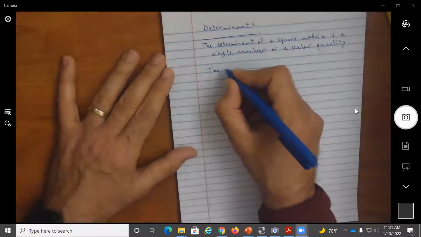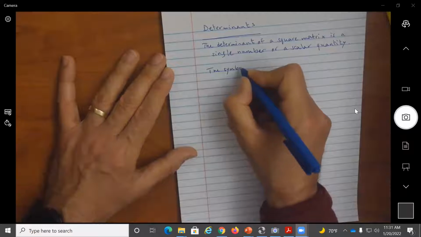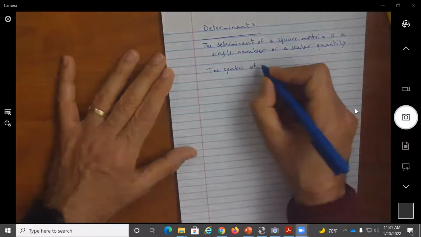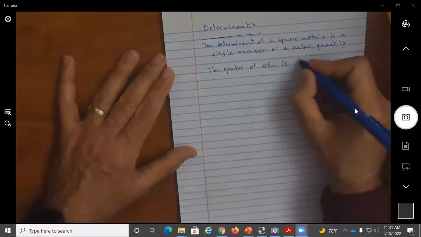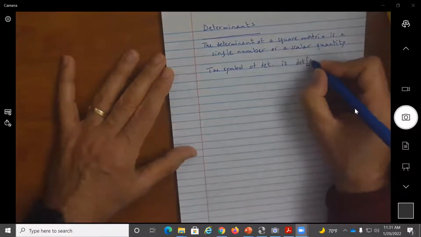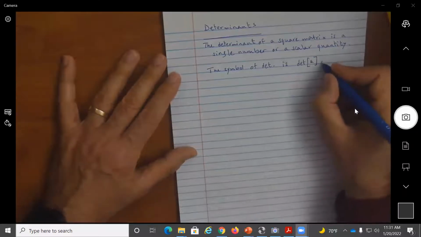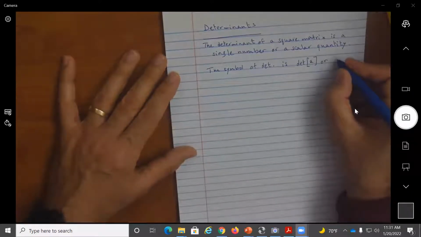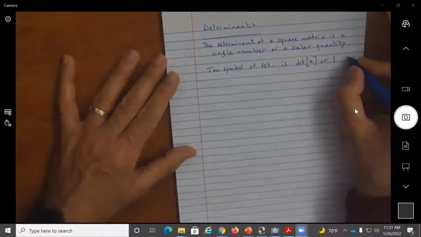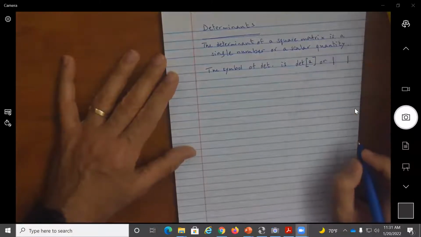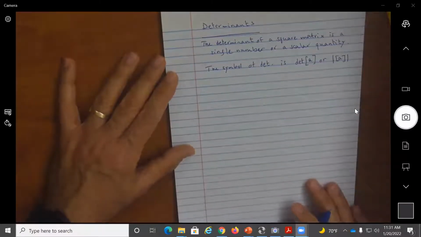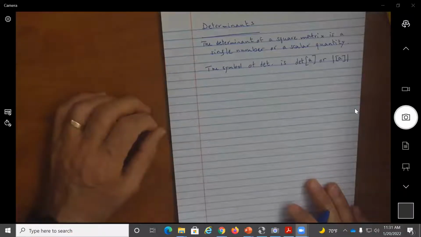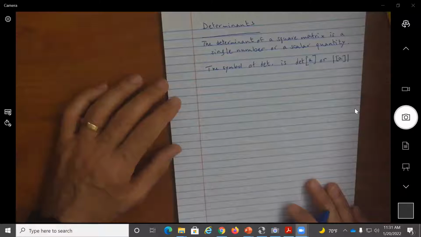The symbol of a determinant is either det of the square matrix A, or I can use the two vertical bars and put the matrix A between them. It means the determinant of the matrix A. Sometimes if we know A represents a matrix, I can simply put the vertical bars with A in between.